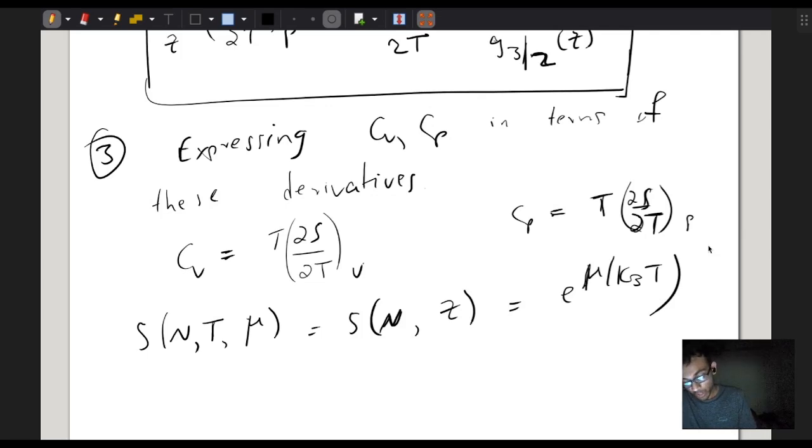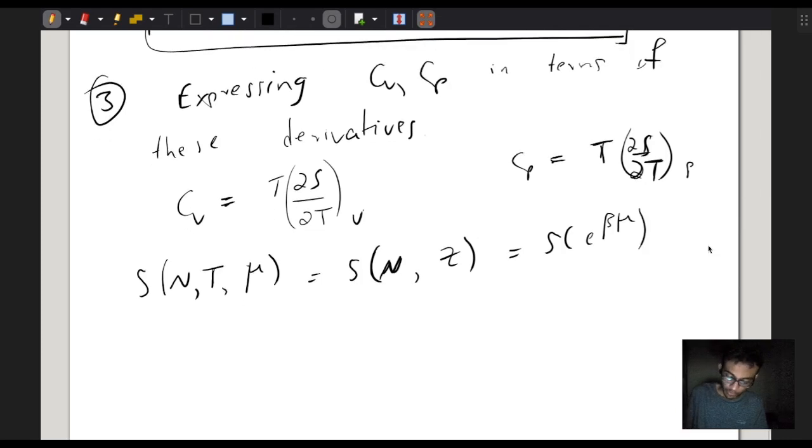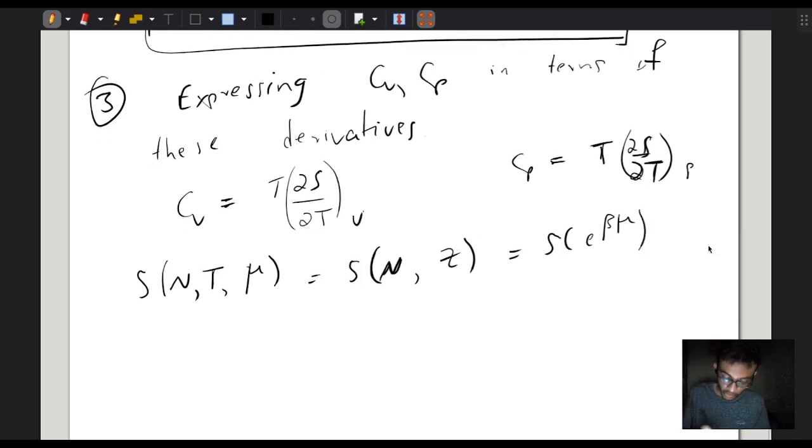And then at the end of the day, you'll see that the entropy per particle can be expressed only as a function of the fugacity. So entropy is extensive in the number of particles, so the entropy per particle is a function of only T and mu.